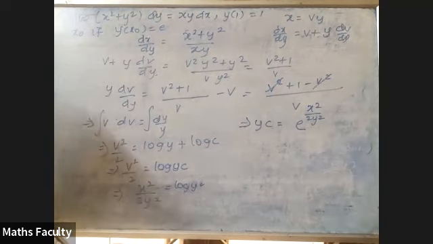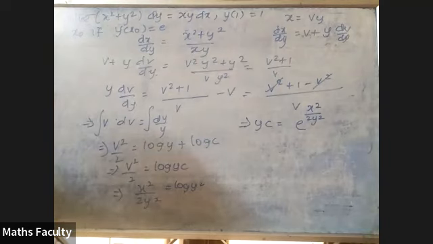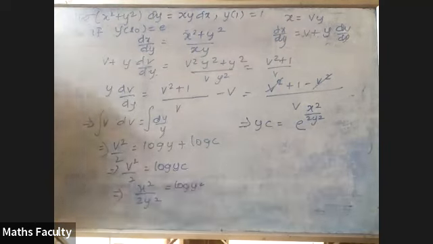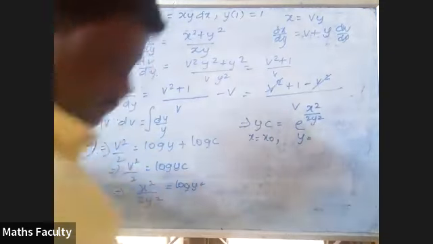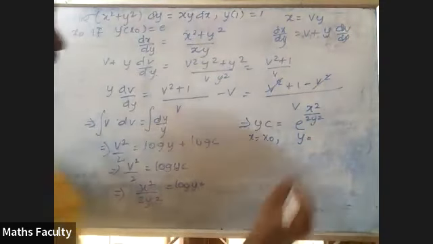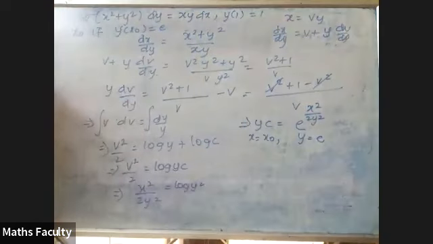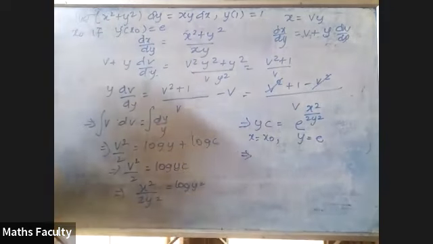According to the problem, it was given: find x naught if y of x naught is equals to e. That is, your x is equals to x naught and your y is equals to e. Then they are asking what is the value of x naught. So we have to find the value of x, which is equals to y of c.